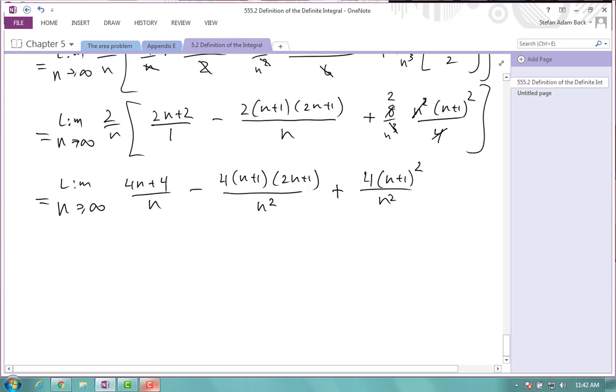So if I try to evaluate this limit, let me multiply everything out first. I don't want to make a mistake.